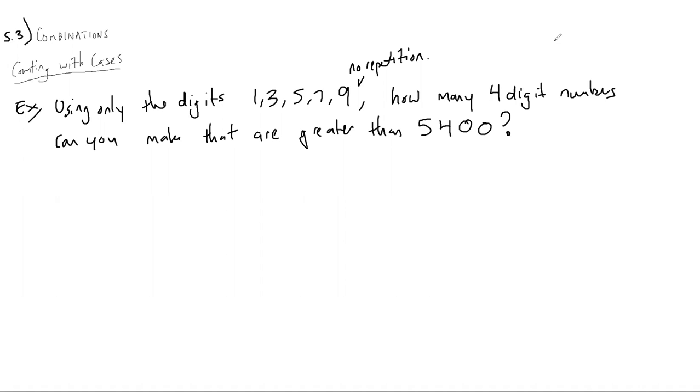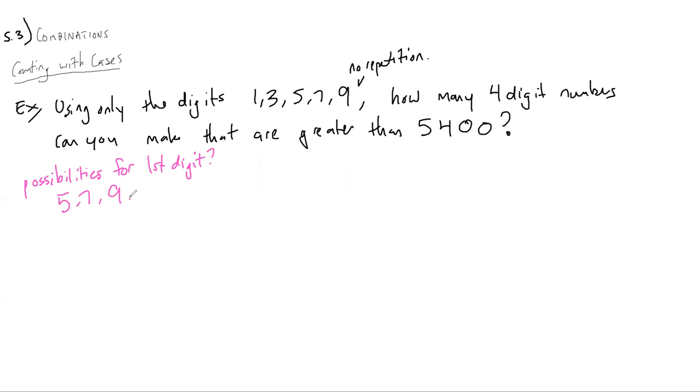So when we think about this, basically we need to think about what the possibilities are for the first digit. Well, I know it can't be 1 or 3. So it's either 5, 7, or 9.